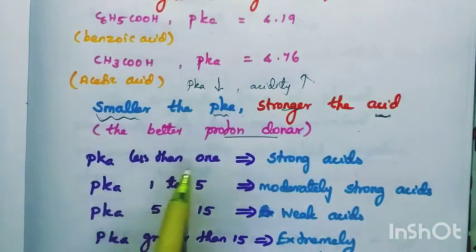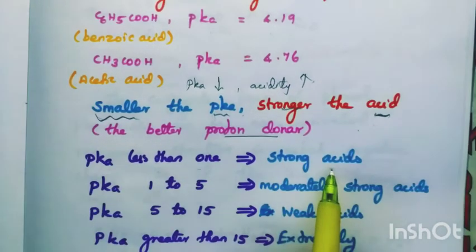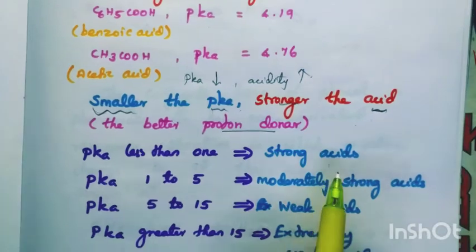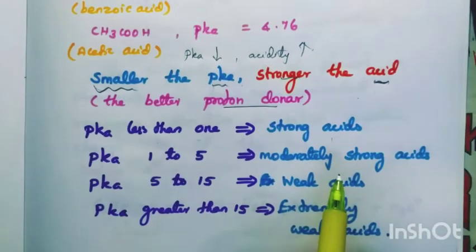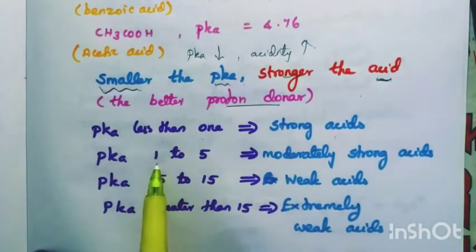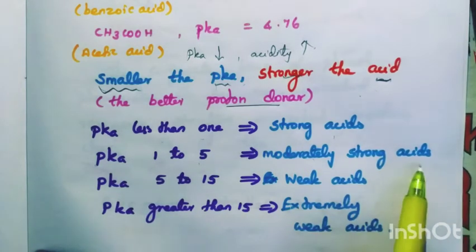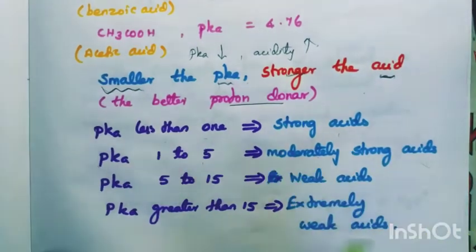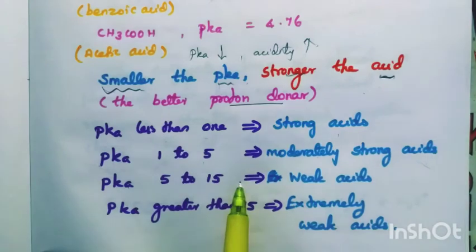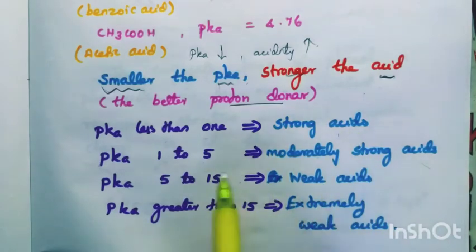So, pKa less than 1 is called strong acids. pKa 1 to 5 is called moderately strong acids. 5 to 15 means weak, that means as the pKa increases, the acid strength decreases, no?